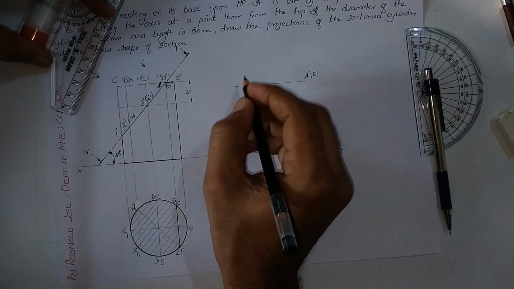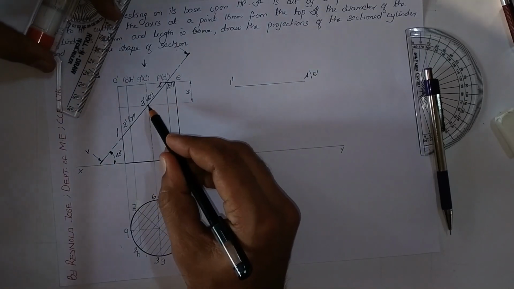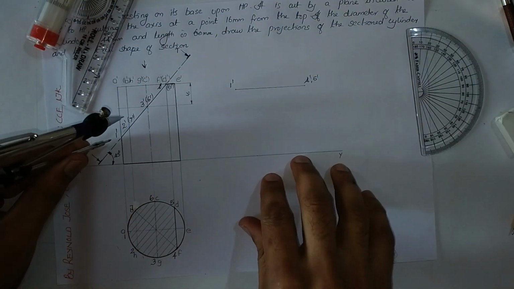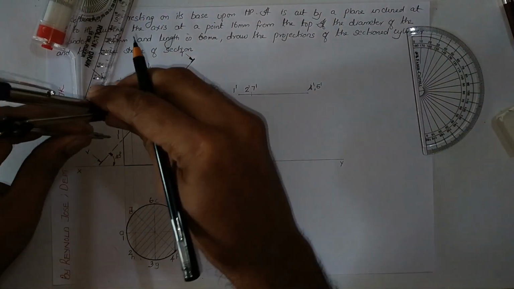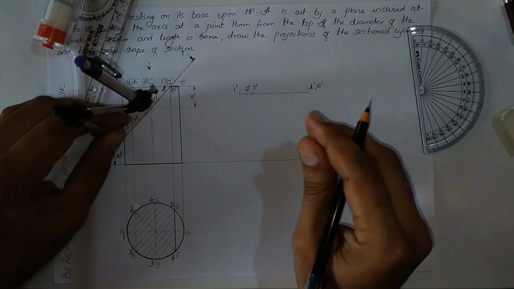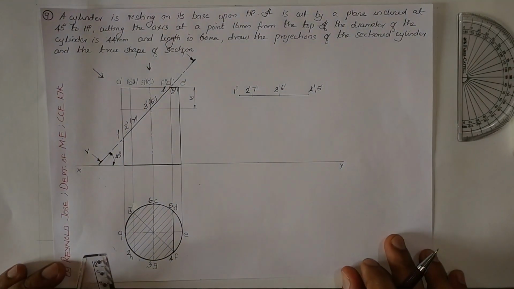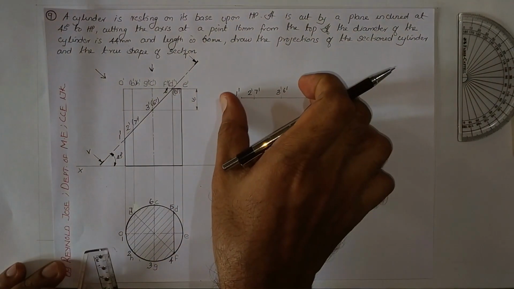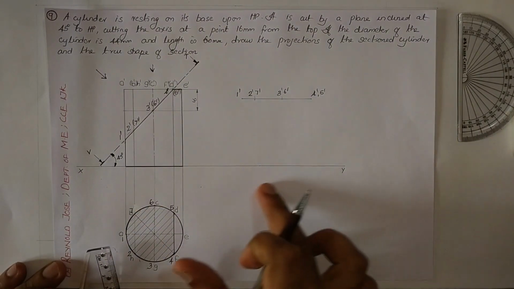On this end it is 1 dash. Let us mark 2, 7, 3, 6, etc. with the help of compass. Now let us extend projectors from this section plane and from the top view in order to get the true shape here.